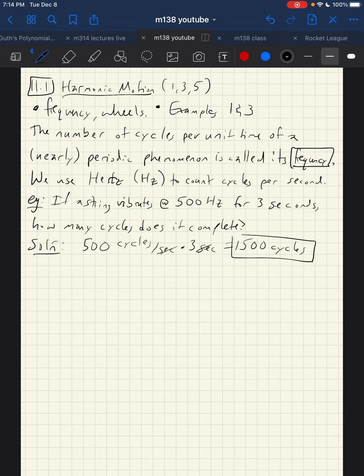Another type of example, and I just want to discuss this here so it's for sure in the YouTube channel, because I know I did this in class, but I don't know if I did it on the YouTube channel, is the wheel type problems.